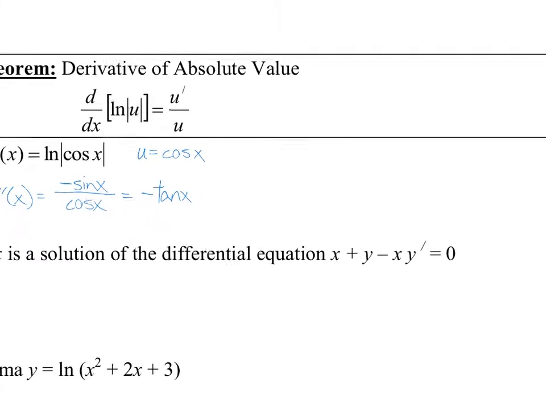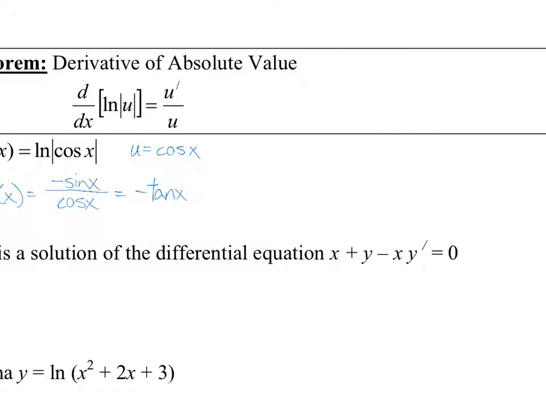Check this out, okay? If I were to sketch the cosine and the absolute value of the cosine, it would look like this. It starts up here. Here's 2 pi.